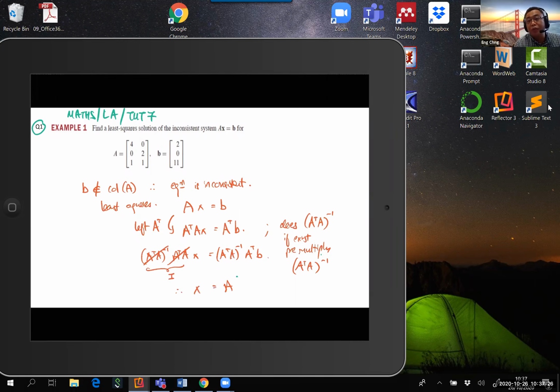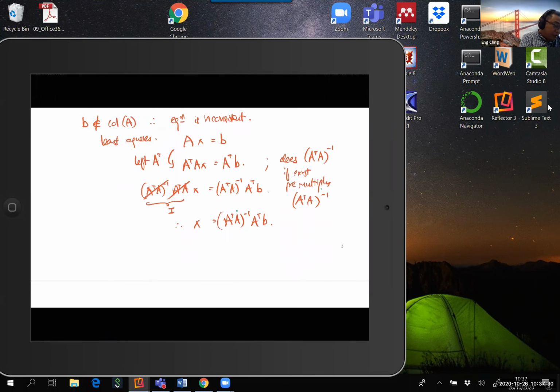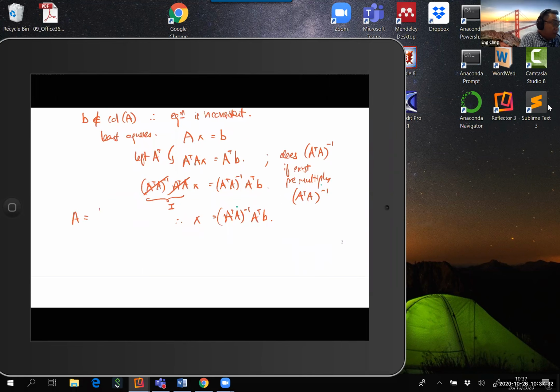So all we need to do now is to plug in the values of A and A transpose, and we can get A transpose A and its inverse.